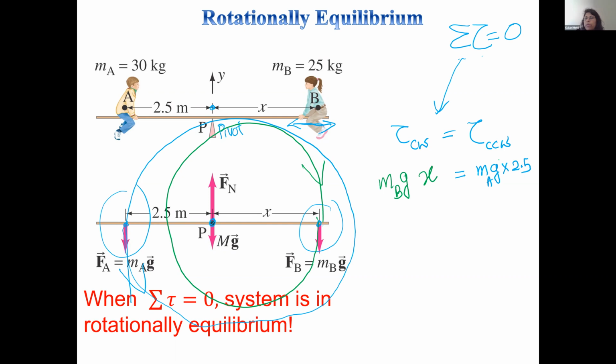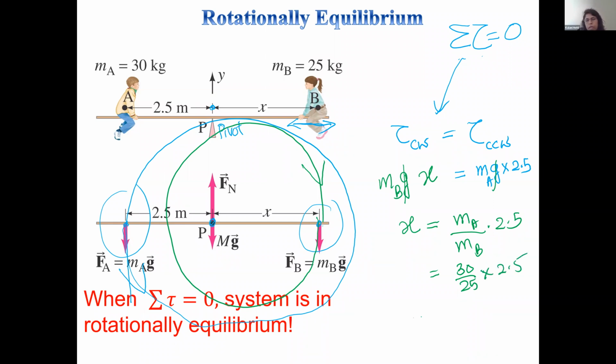Now you're going to divide by g on both sides. Then I can calculate x. x will be equal to M_B over M_A times 2.5. So now you have the values: 30 divided by 25 times 2.5.